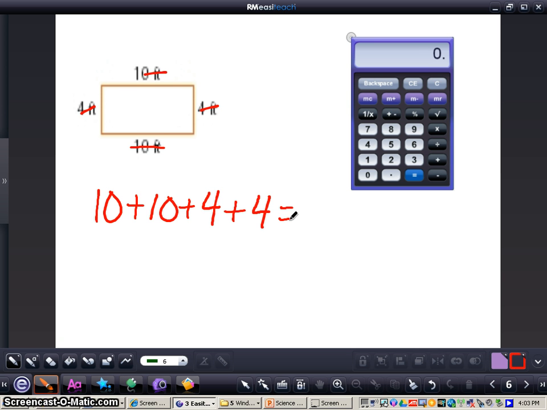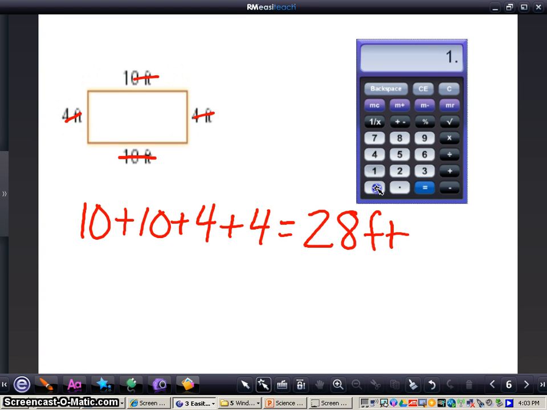I know 10 and 10 gives me 20, 4 and 4 gives me 8. That's 28 feet. If I want to double check this on my calculator, I can. So I have 10 plus 10 plus 4 plus 4. That gives me 28 for my answer. And that is correct, 28 feet.